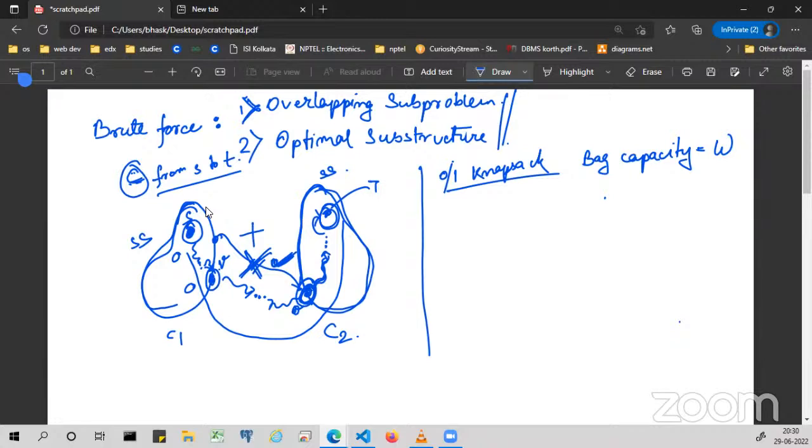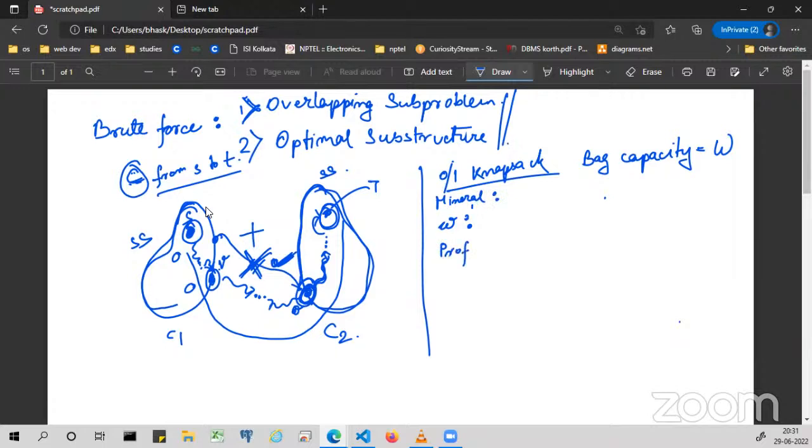Now let's say you have some entity, some minerals. Nothing good is coming to my mind, but let's say you have some minerals, and these minerals are quite pricey minerals. So you have the minerals whose weight is given by this, let's say, small w list, and profit.